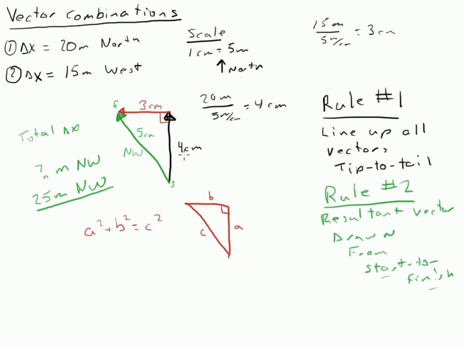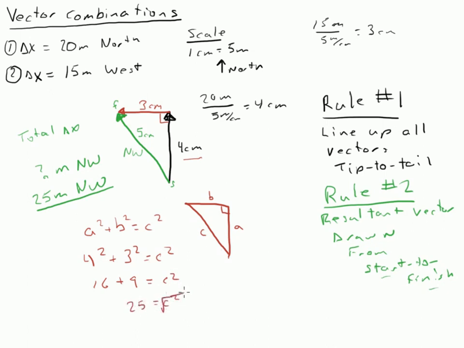So our A value was 4 centimeters. So we have 4 squared plus our 3 centimeters, 3 squared, equals c squared. So I've got 16 plus 9 equals c squared. So 25 equals c squared.